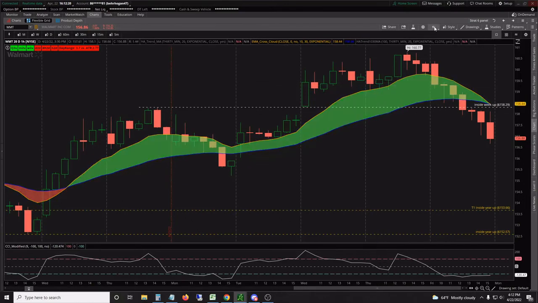Multiple different ways to do it. So, but Walmart worked out. On the day it triggered, we had a $2 move. So you definitely would have been able to make money on that one.